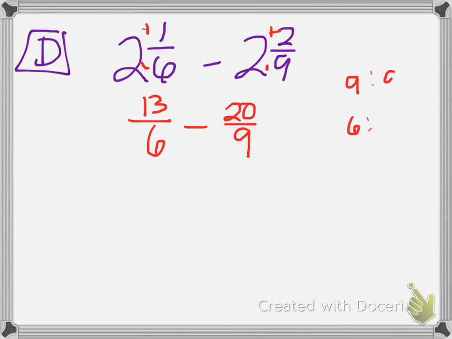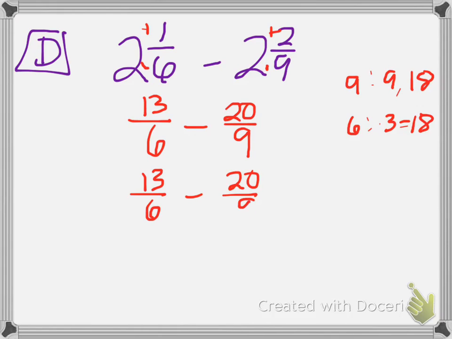Let's see, it goes 9, and then 9 times 2 is 18, and I know 6 times 3 gets me 18, so that's good. 13/6, I'm going to multiply it by 3/3 to get me that 18. And 20/9, I'm going to multiply it by 2/2 to get me that denominator of 18.